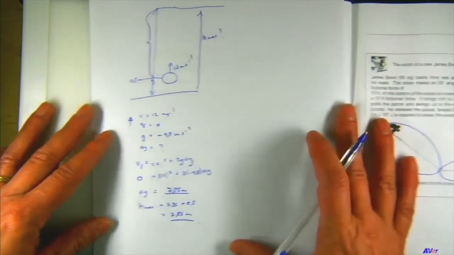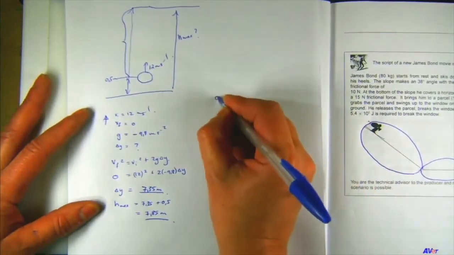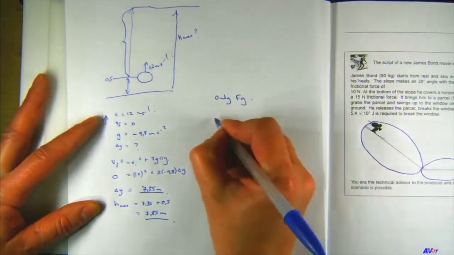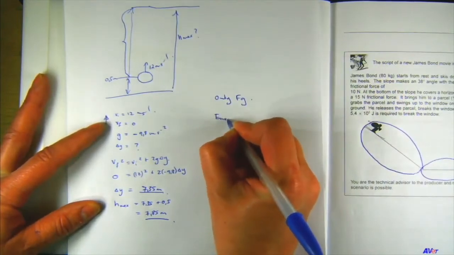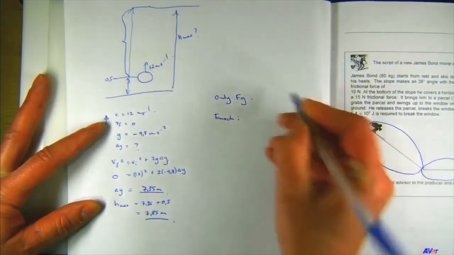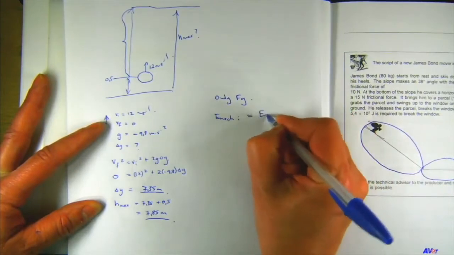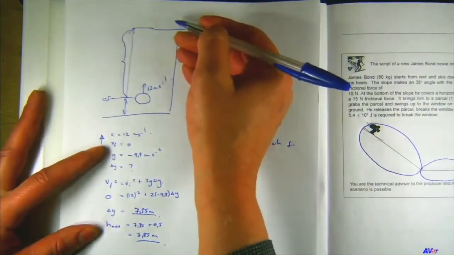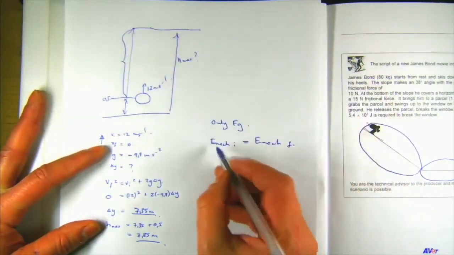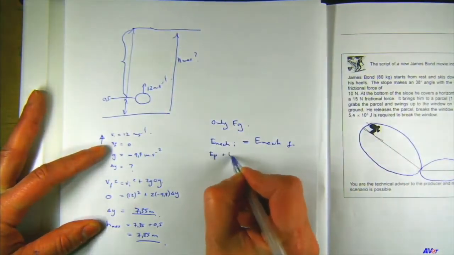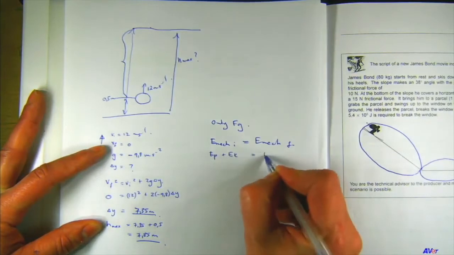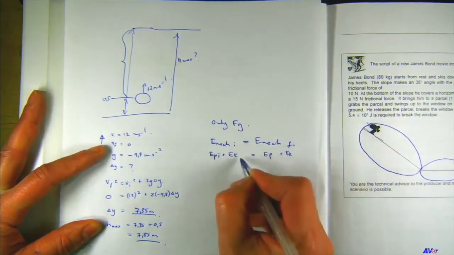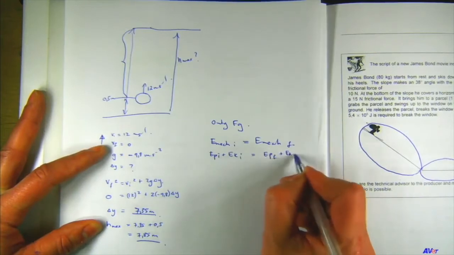Now we're going to say, okay, there's only gravity working on this. So immediately I may say the mechanical energy down there is equal to the mechanical energy that it will have up at the top. Mechanical energy is just EP plus EK. This side was for initial, that side was for final.